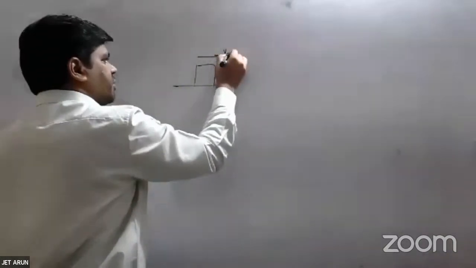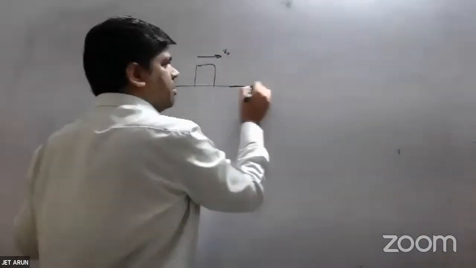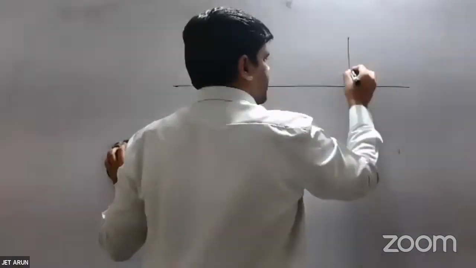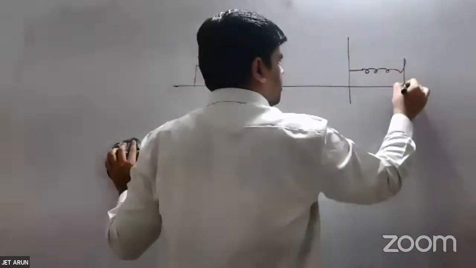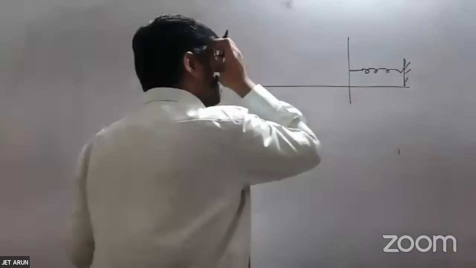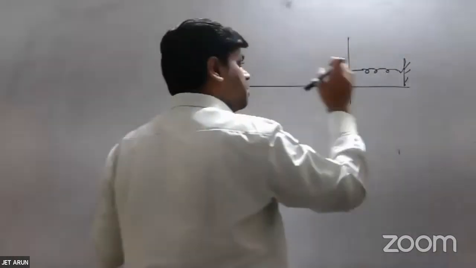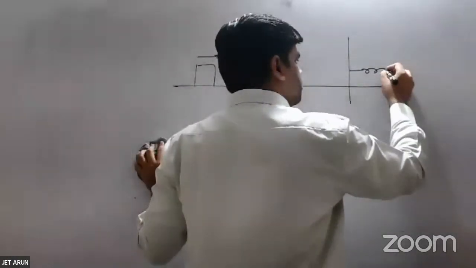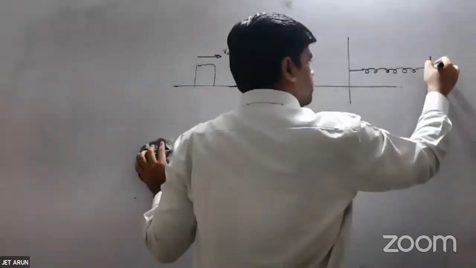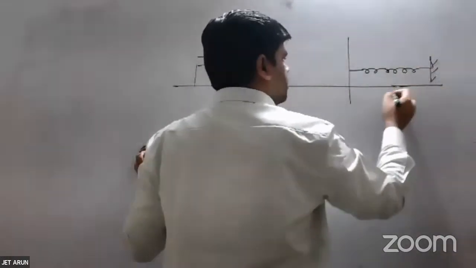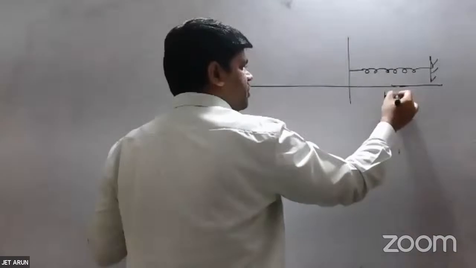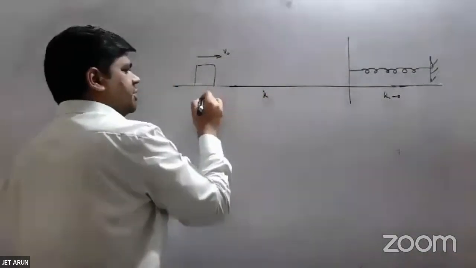I project a particle with velocity v naught. There's a spring here. This is a frictionless surface, mu equal to zero. Friction coefficient over here is mu.